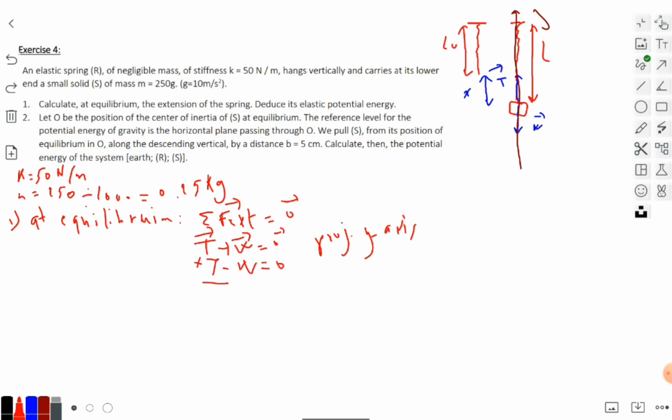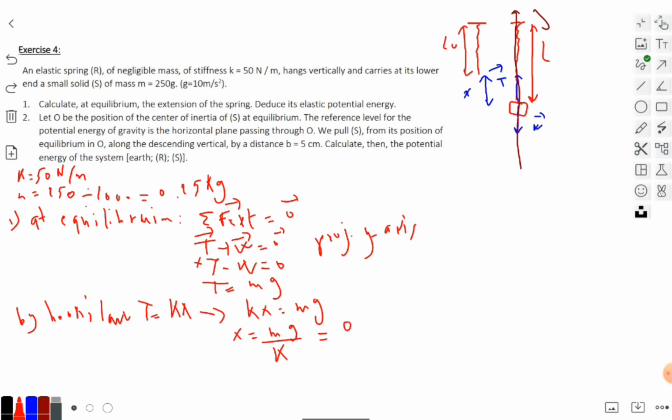So tension equal mg. By Hooke's law, we have T equal Kx. So we obtain Kx equal mg. Then X equal mg over K.